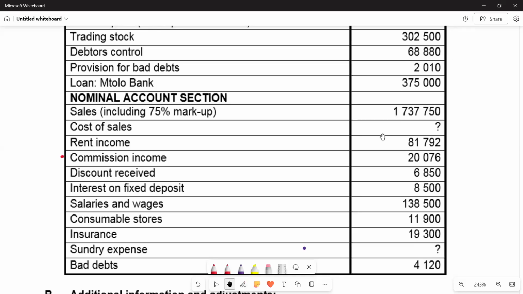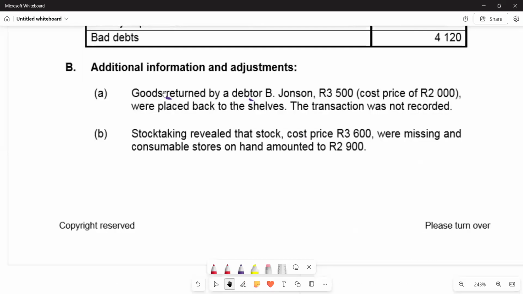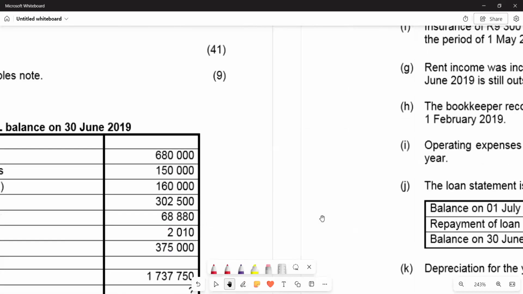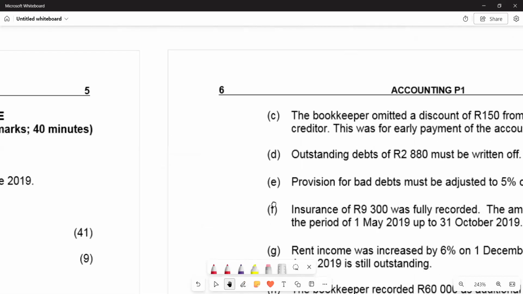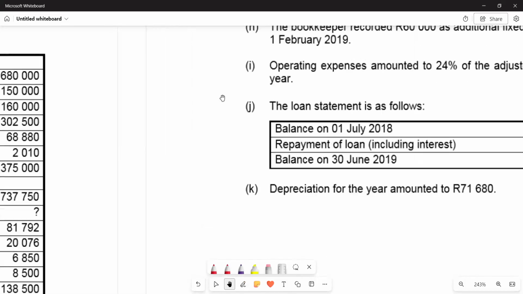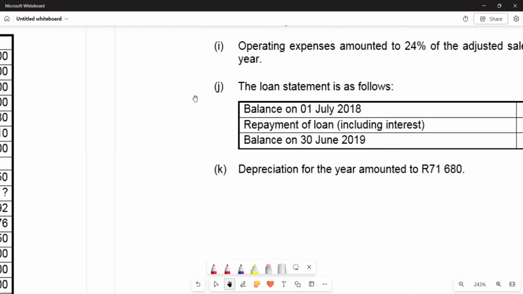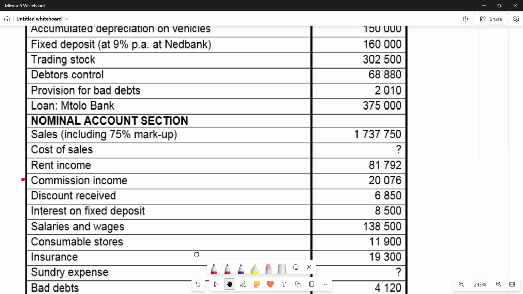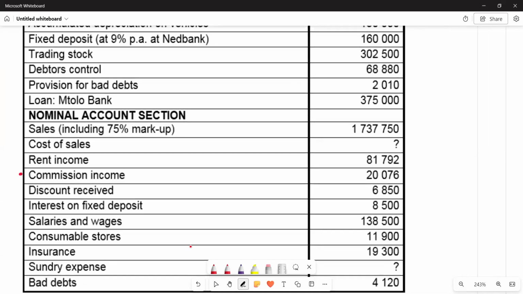So we also go to additional information to try to find out if we have got anything that has to do with commission income that needs to be adjusted. Go item by item. And remember, you've gone through this information before you start to answer the question, so you can be able to locate quickly where we have such an adjustment. But according to this video, we don't have anything that is affecting our commission income. So we can take 20,076 as it is and transfer it to the income statement.